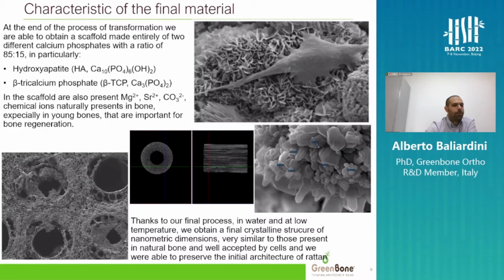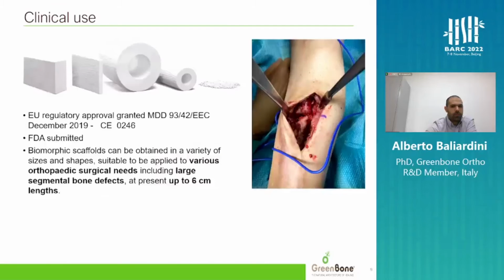Thanks to our final process in water at low temperature, we obtain a nanometric final crystalline structure, very similar to bone and well accepted by cells. During all the process, we were able to preserve the initial architecture and 3D structure of rattan.